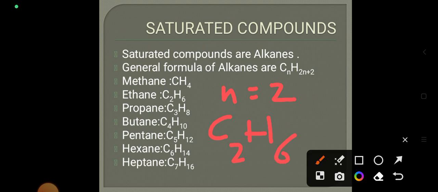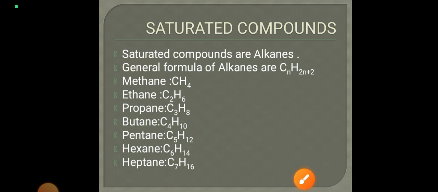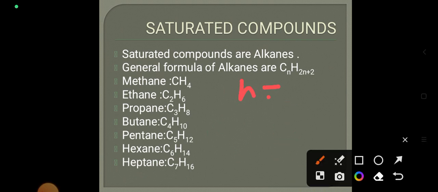That is ethane. Like this, students, if you go on substituting, n equal to 3 gives C3H8, n equal to 4 gives C4H10, n equal to 5 gives C5H12, n equal to 6 gives C6H14. I have also included one more, which is not in the syllabus, but to be on the safer side, we will learn n equal to 7. Substituting, 7 twos are 14 plus 2 is 16, so C7H16.